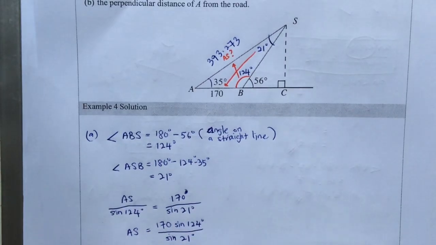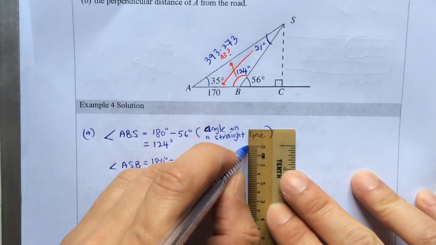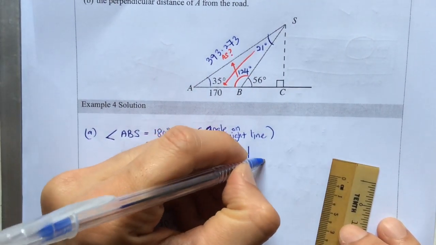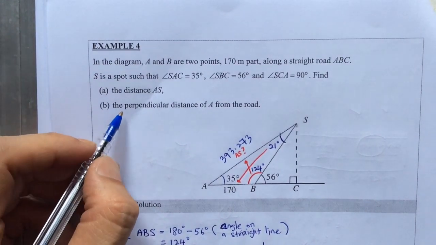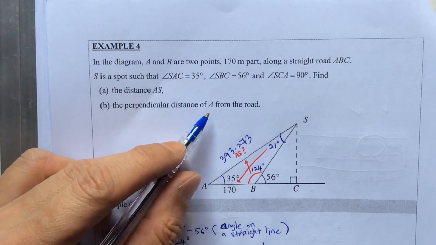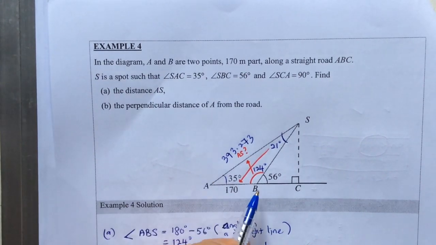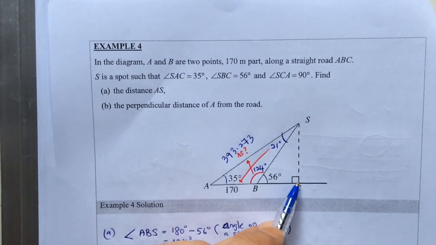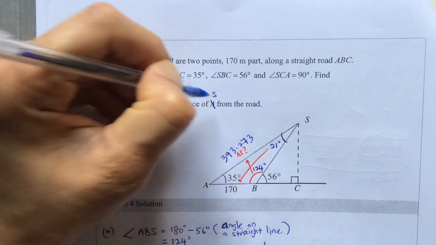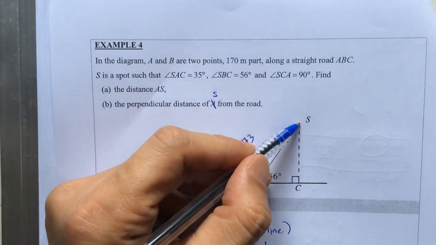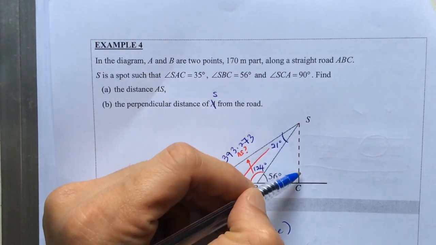So for the second part of the question, which is B, there is a slight error here. The perpendicular distance of A from the road, so the road is ABC here, and you can see there's a perpendicular or 90-degree sign here, so it's not A, it's S. The perpendicular from S, the distance of S to the road.